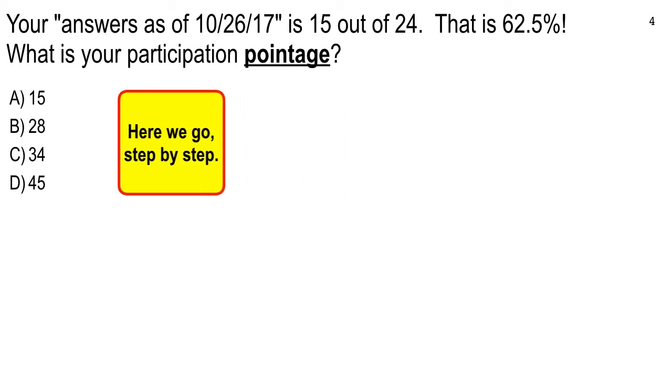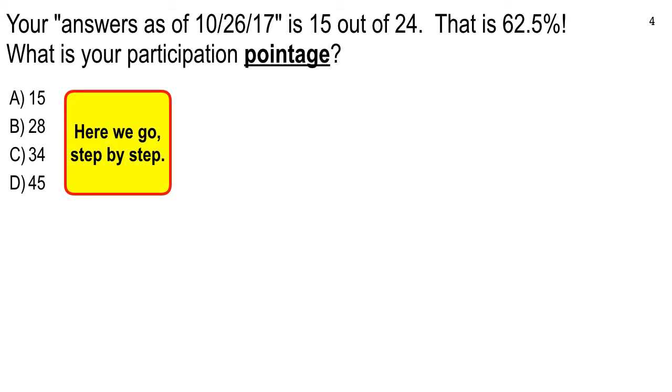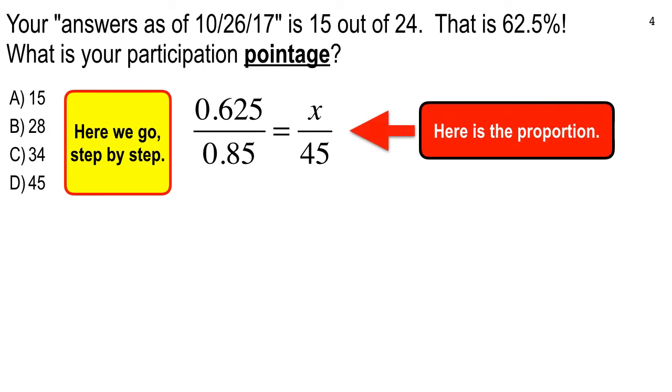So if you didn't get the right answer, and by the way, the right answer is 34, this is where you start. Your percentage, 15 out of 24, is 62.5. So you go 0.625 divided by 0.85.